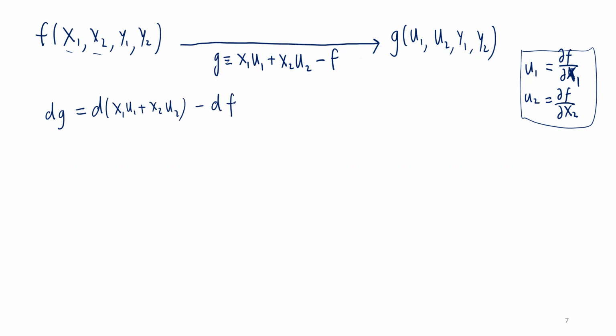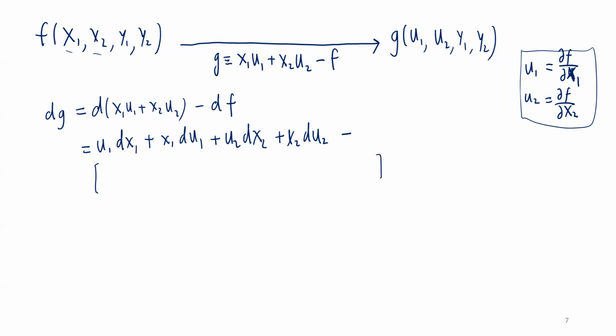Using the product rule for the first terms, you get a total of four terms: u1 dx1 plus x1 du1, and so on, and then the whole thing minus df.